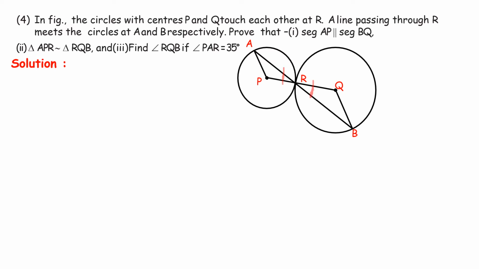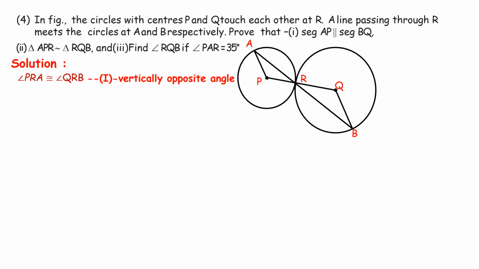Write down angle PRA congruent to angle QRB. Write down the reason. First statement, vertically opposite. Now take this triangle, triangle APR. In this triangle, AP is congruent to PR, radii of the same circle, therefore these two angles are congruent. Isosceles triangle theorem.